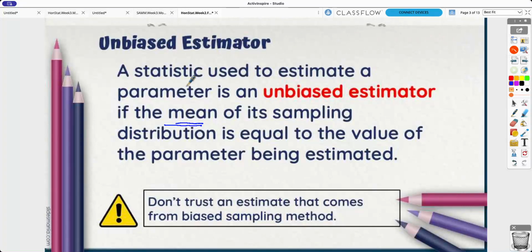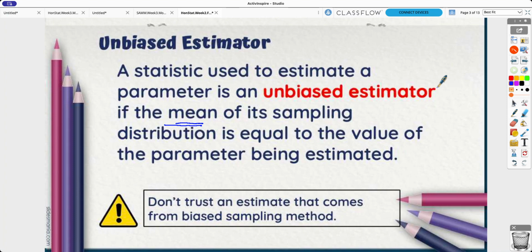So we take the sampling distribution of the sample standard deviations, and then we find its mean. And then we compare the mean of that sampling distribution with the standard deviation of the population. If they are equal or close, then we say that the statistic is an unbiased estimator. Now, here's one thing that you need to remember.